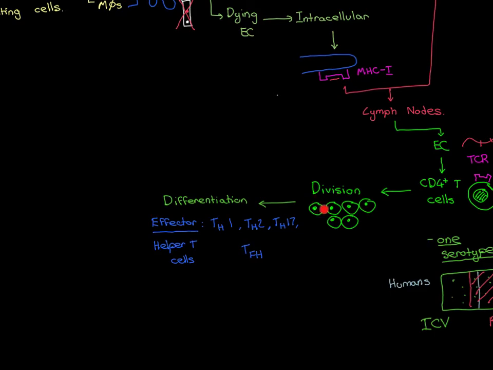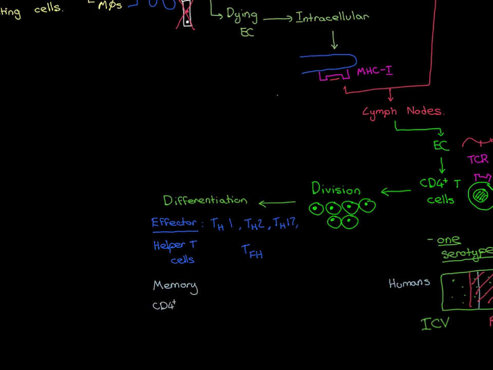Each one of these cells here is now going to undergo a differentiation process, and in this differentiation process, it can either become an effector CD4 positive T cell, most of them are going to become effector CD4 positive T cells, or the other type of CD4 positive T cell it can become is a memory CD4 positive T cell, and only some of them will become memory CD4 positive T cells.